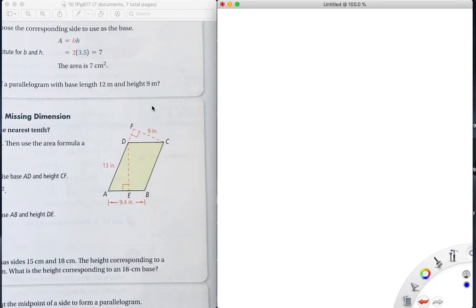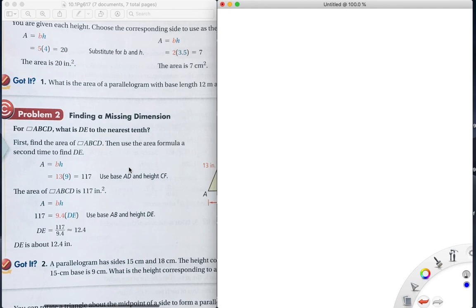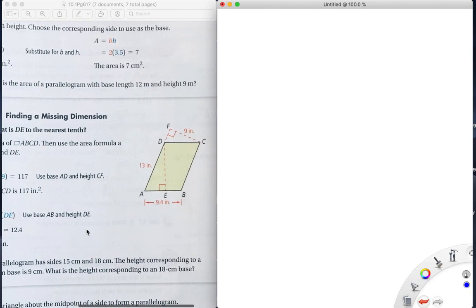Once I get the area, I can use that same equation, area equals base times height, and I get 117 equals 9.4 times DE. Divide both sides by 9.4, and DE is equal to 117 divided by 9.4. And we can say that the height of DE is 12.4 inches.